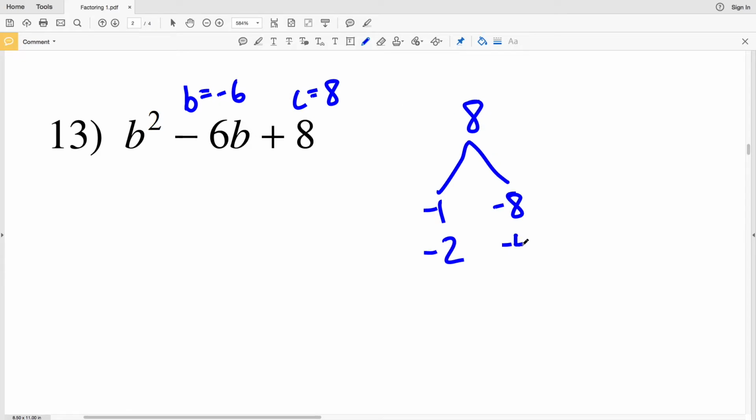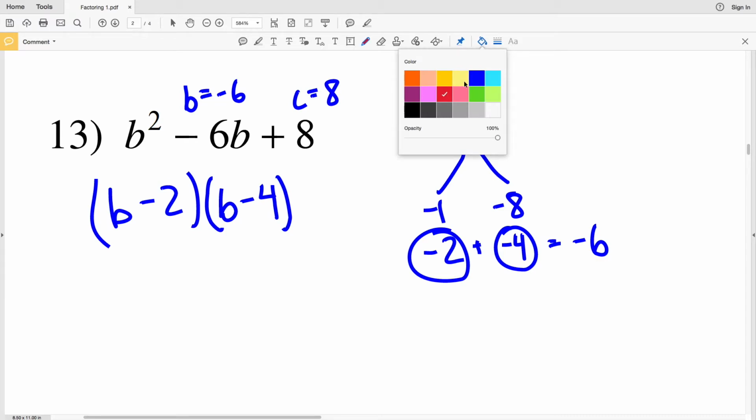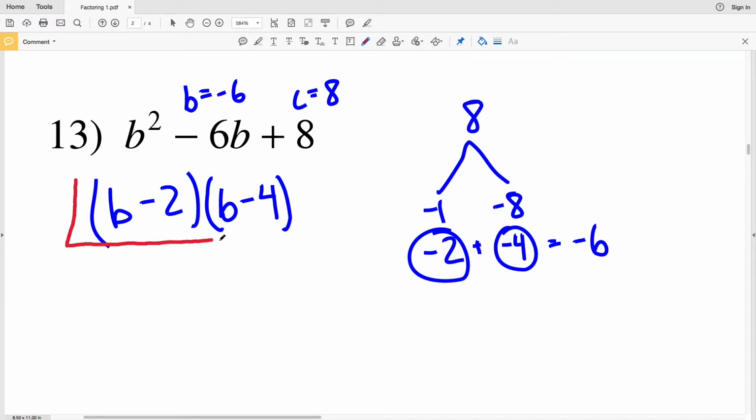Negative 2 and negative 4 gives us a positive 8, and when added together, they indeed give us a negative 6. So we'll have negative 2 and negative 4 as our numbers within our factors. So it'll be b minus 2 times b minus 4. And we could also write this as b minus 4 times b minus 2. The order does not matter since multiplication is commutative.